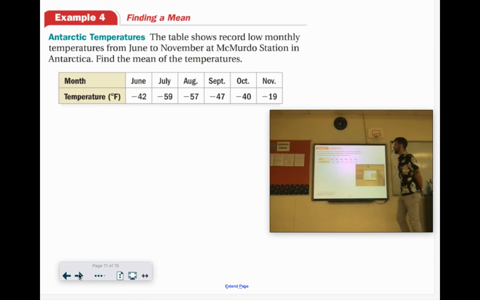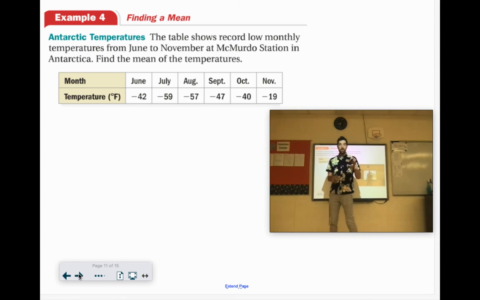The table shows record low monthly temperatures from June to November at McMurdo Station in Antarctica. Find the mean of the temperatures. So the mean is the average. The way you find the average is you add up all the values and then you divide by however many there were.